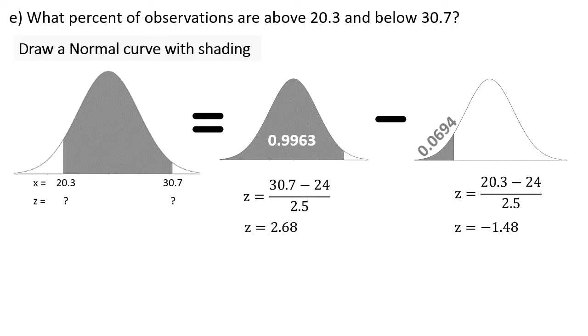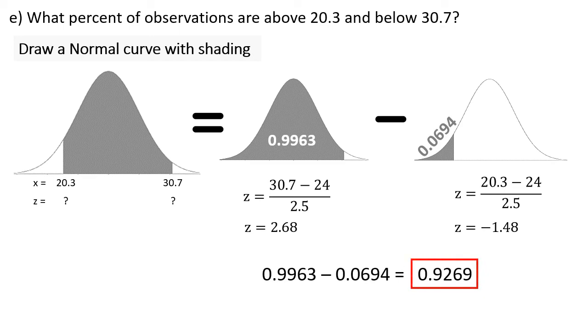Really, when you break it down into its components like this, the problem's not that hard, but you can see drawing pictures really helps. The area we're interested in is 0.9963 minus 0.694, or 92.69%, or if you want to just leave it as a decimal, 0.9269.